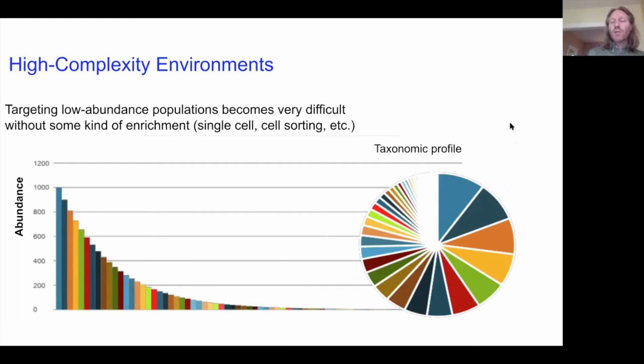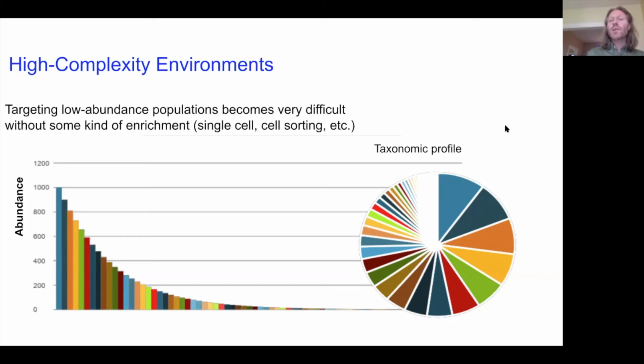If you know that it grows on some particular substance, you could throw that in and do a little mesocosm incubation and try and increase its relative abundance. You could do things like cell sorting, where you label it with a FISH probe and then sort those cells into a particular well of a sequencing plate, and then sequence that enriched community.